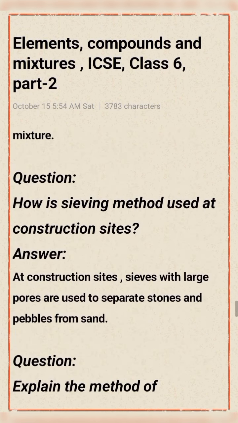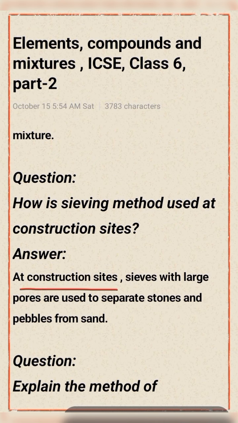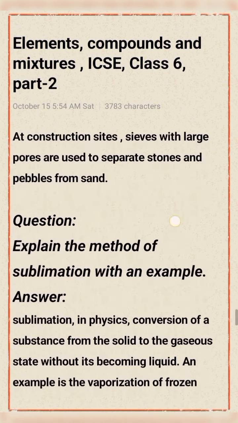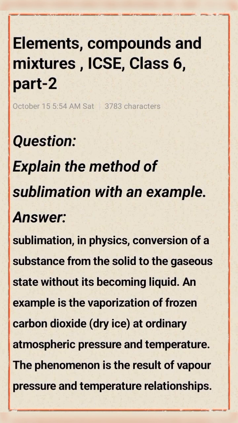Next question: how is the sieving method used at a construction site? At construction sites, sieves with large pores are used to separate stones and pebbles from sand. Next question: explain the method of sublimation with an example.